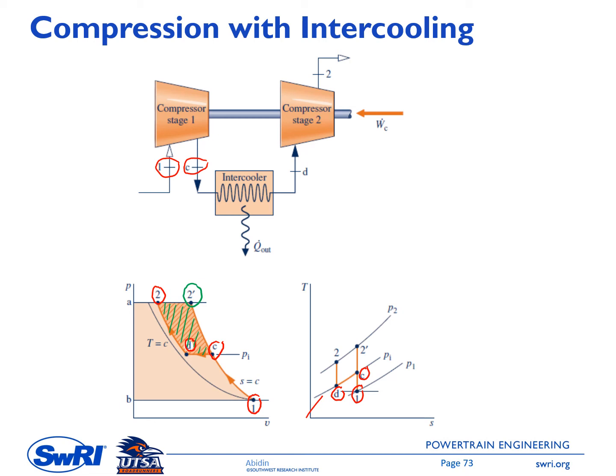Because at the entrance of the regenerator we have a cooler temperature, which is T2 rather than T2 prime. So you have a larger temperature difference between the cold stream and hot stream inside the regenerator, so you will have more heat transfer. Once again, if you want to get the maximum benefit of using this intercooling option, you need to combine it with a regenerator.